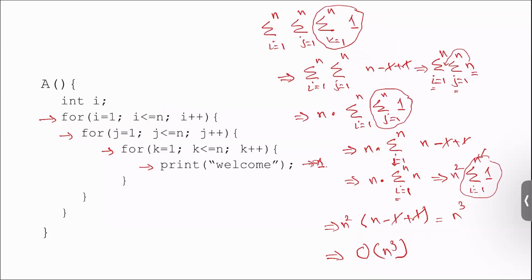And then we had three nested loops, it's going to take O of n cube time. Now you can deduce that if there are 4 loops, it's n to the power of 4. If there are 5 loops, it's n to the power of 5. If there are 6 loops, it's n to the power of 6. It depends on the nested loops. How many nested loops are there? Based on that, we have to find it.